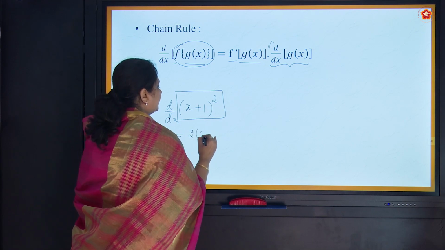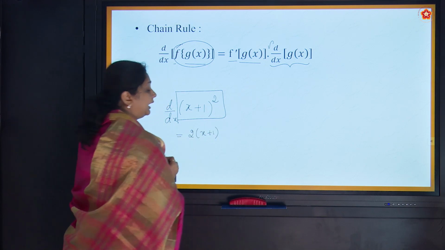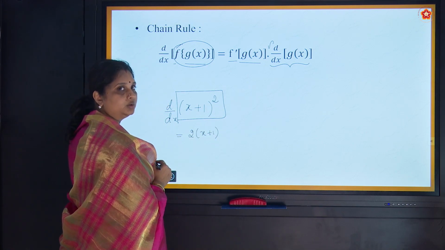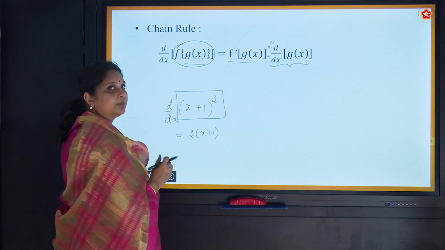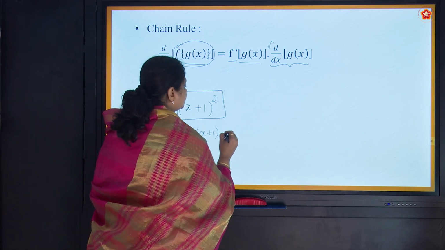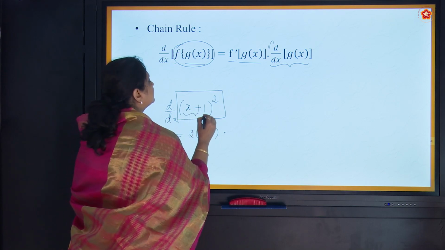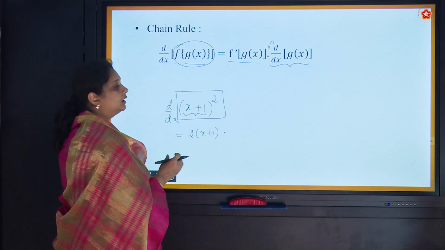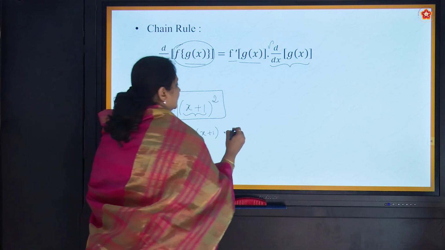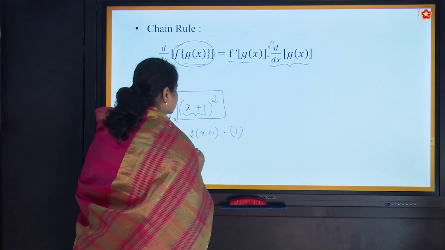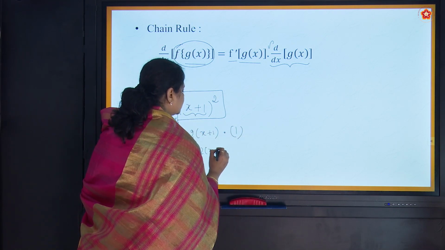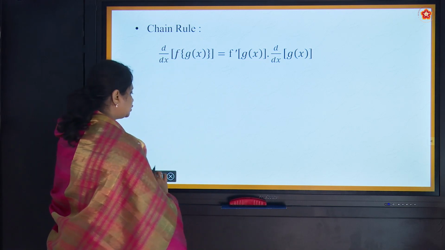You apply the power rule, keeping the base unaltered. You're not doing anything to the base, just using the power rule. Into, then you are differentiating the inner function, that is x plus 1, and you get 1 there. So the answer is 2 into x plus 1. This is called the chain rule.